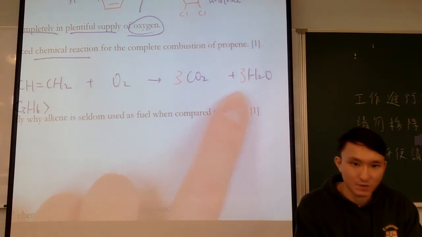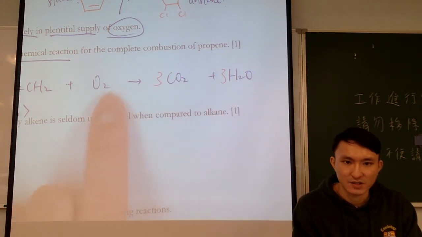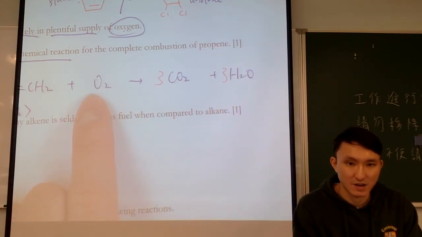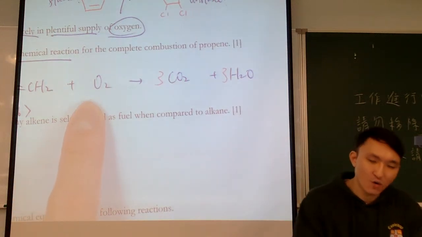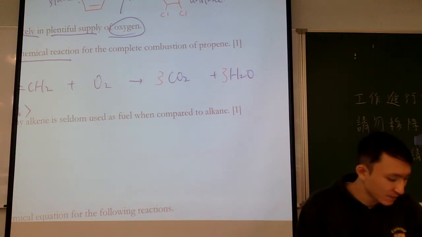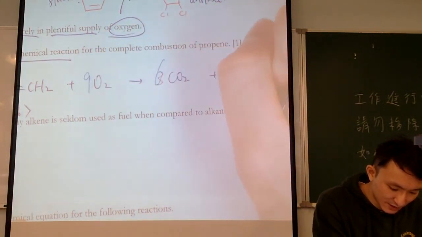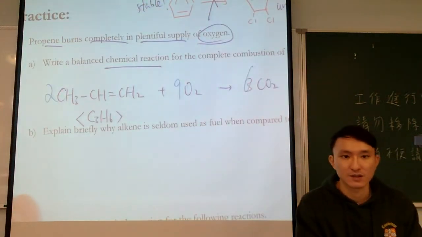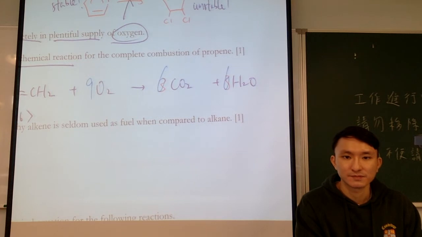Then we check the oxygen. 3 times 2 plus 3 equals 9, so this one will be 9 over 2. But we cannot have fraction numbers, so we will have the whole equation multiplied by 2. So it turns out to be 2, 9, 6, 6.